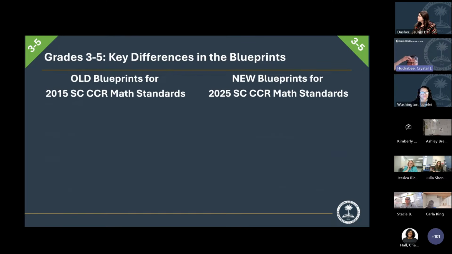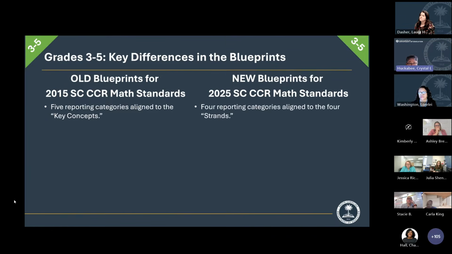So we're going to look at some of the key differences, grades 3 through 5, between the blueprints for our previous standards and currently what we're looking at. So the old blueprint for 2015, we had 5 reporting categories that were aligned to key concepts. That has now been reduced to 4 reporting categories, and now those are aligned to strands.